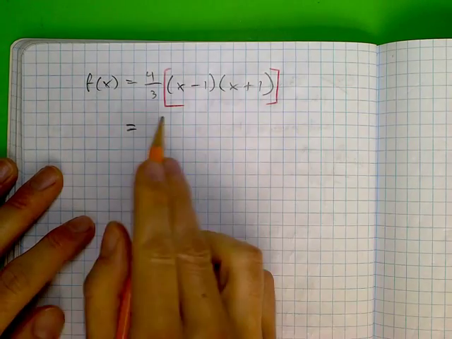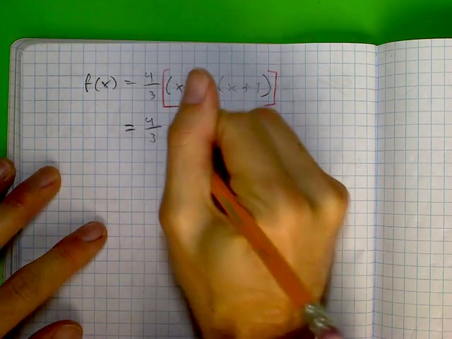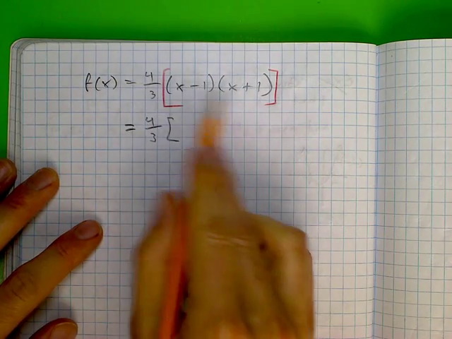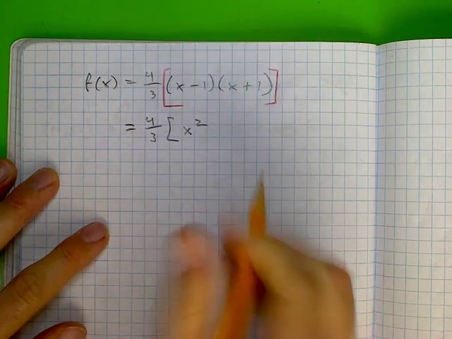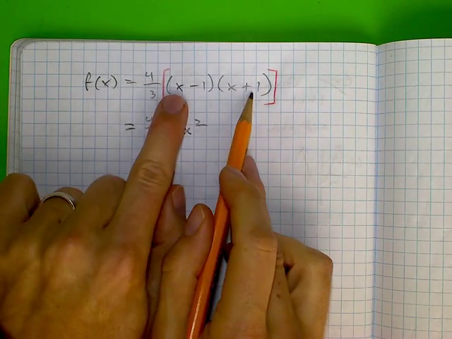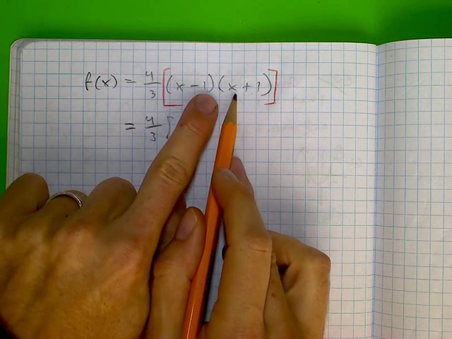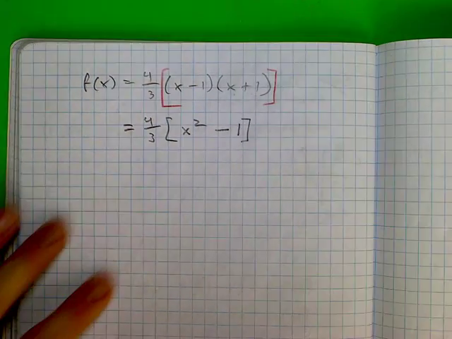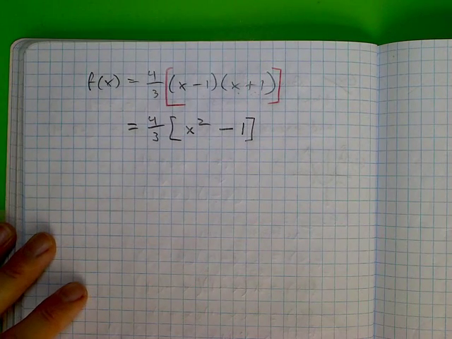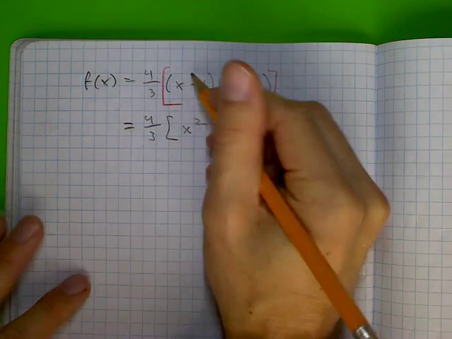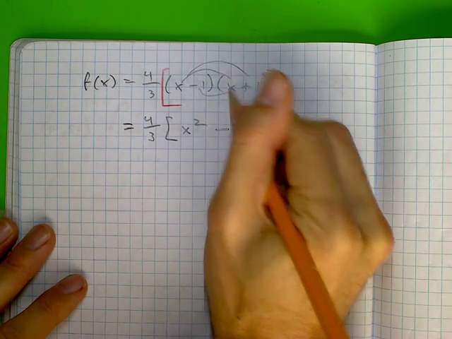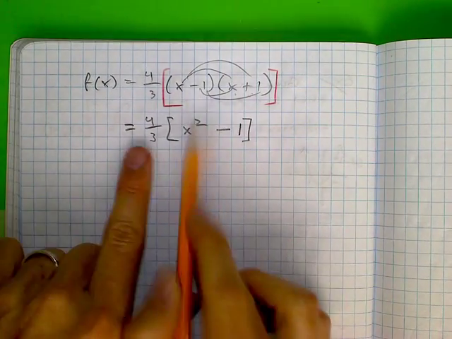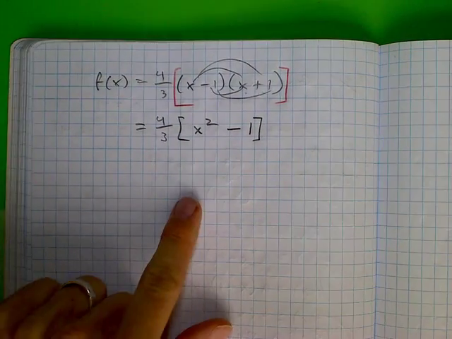It doesn't matter. So 4/3 times what? x squared. And this is a difference of squares, so I get plus x and minus x, so those cancel. That leaves me with negative 1. Okay, so that's after my foiling. Or, if you're paying attention, you can use the difference of squares shortcut.